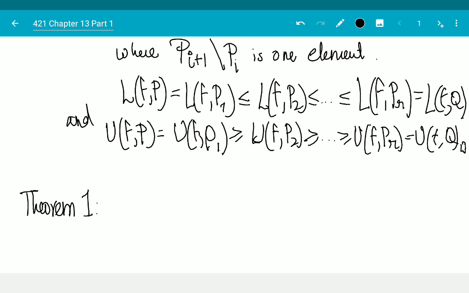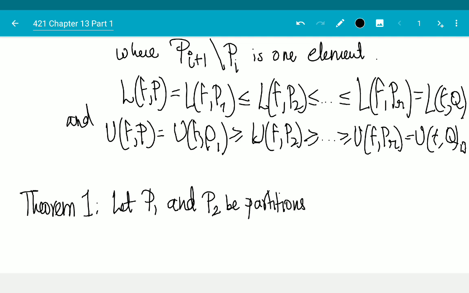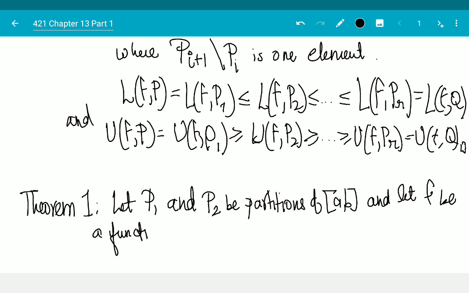Theorem 1. Let P1 and P2 be partitions of [a,b], and let f be a function which is bounded on [a,b].